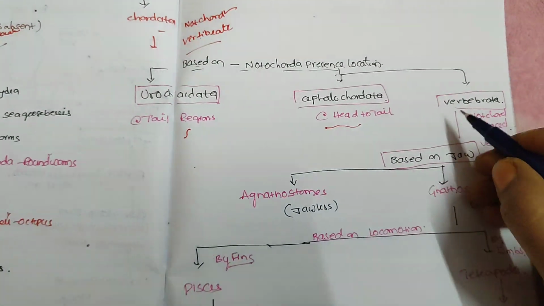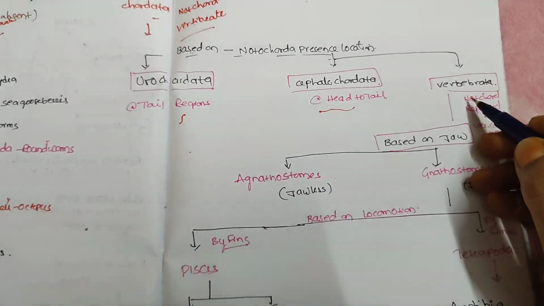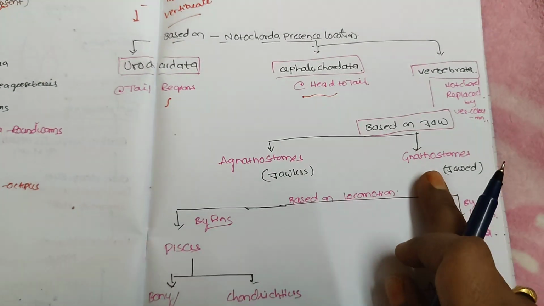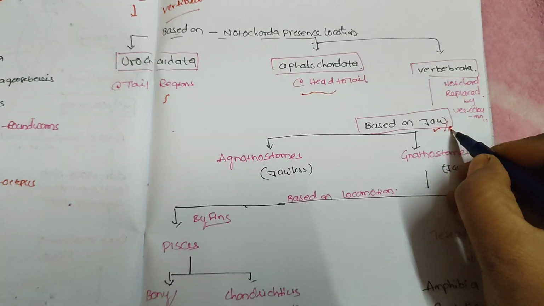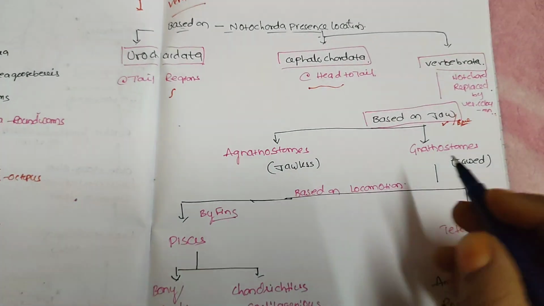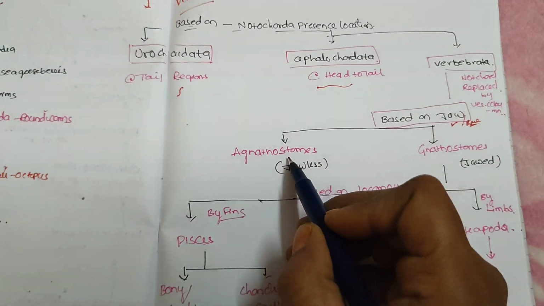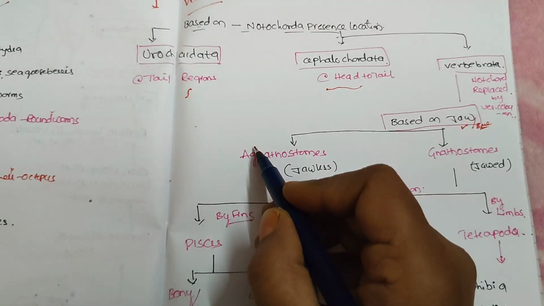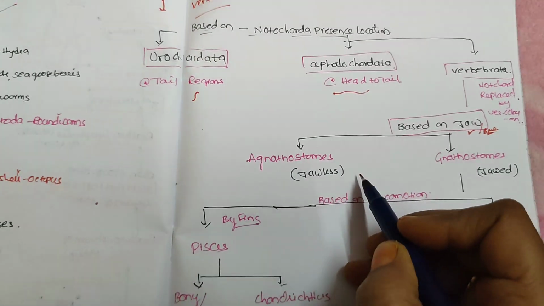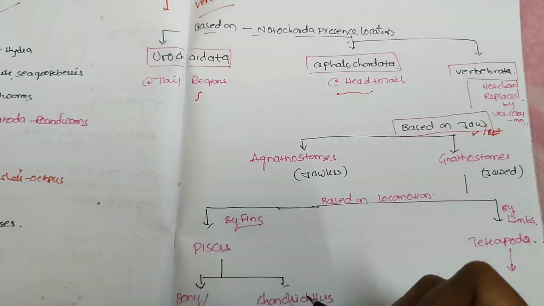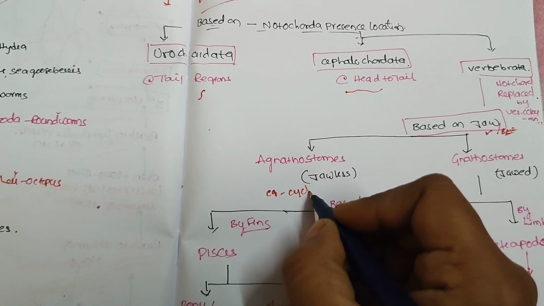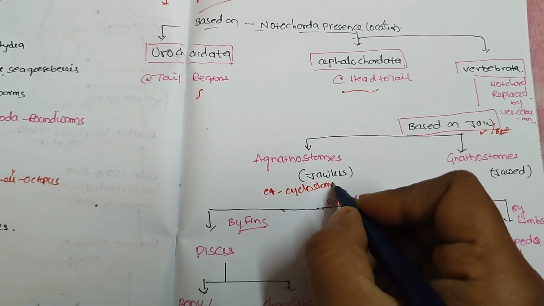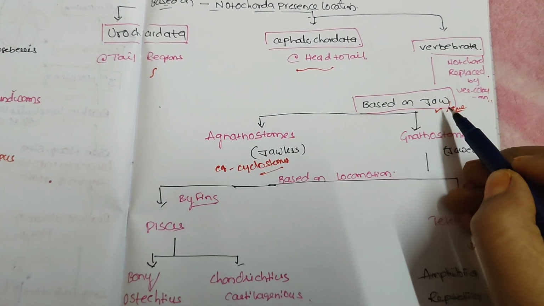Urochordata, Cephalochordata, Vertebrata. Again in vertebrates we have 2 types of classification, based on the jaw.